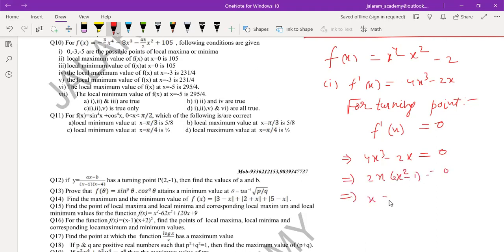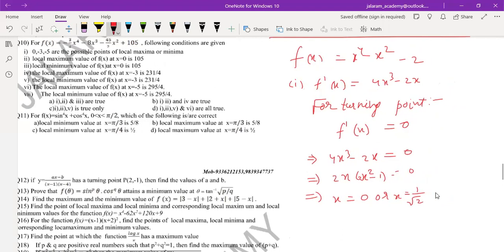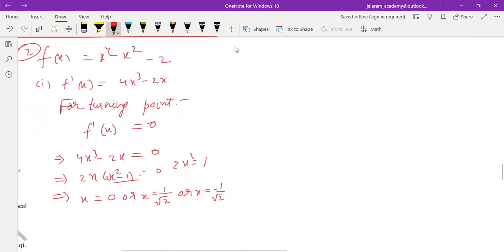So either x equals 0 or x equals 1 by root 2, or one more value is there. Minus 1 by root 2 is also there, na? As 2x square equals 1 means x square equals half. So x equals plus minus 1 by root 2. So there are 3 turning points in this question.